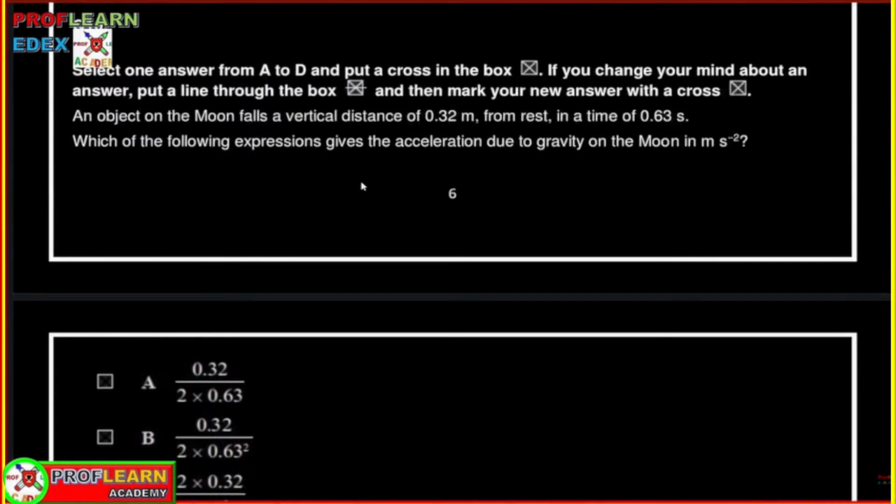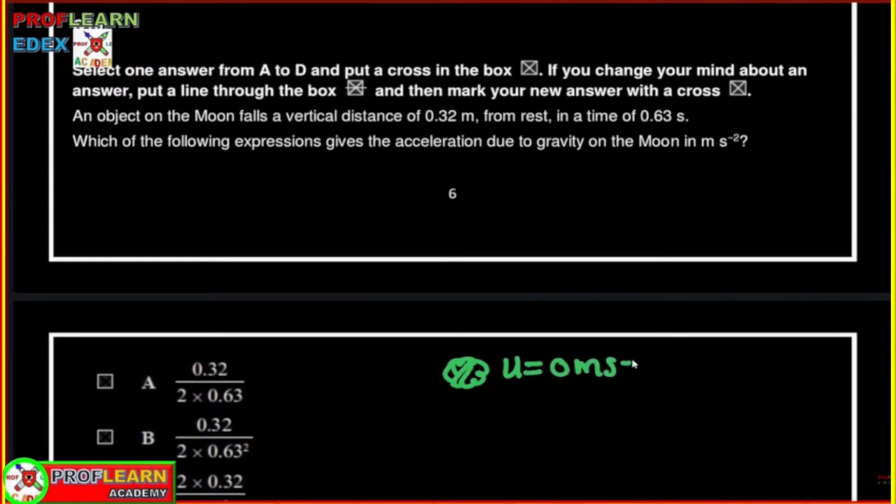Now, an object on the moon falls a vertical distance of 0.32 meters from rest, meaning the initial velocity at that point is 0, and it takes a time of 0.63 seconds. Which of the following expressions gives the acceleration due to gravity on the moon in meters per second squared? Remember, to work out the acceleration we are going to use the SUVAT equations.